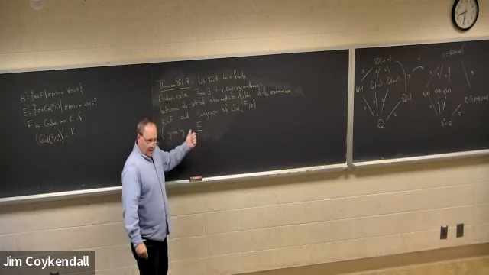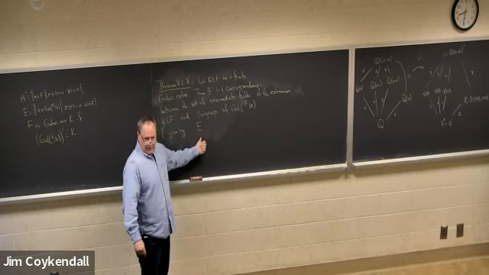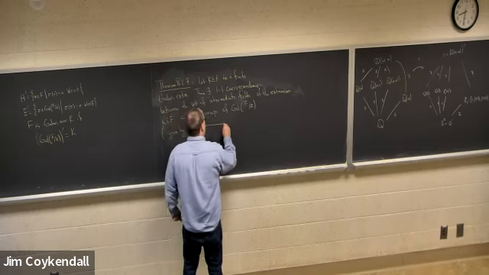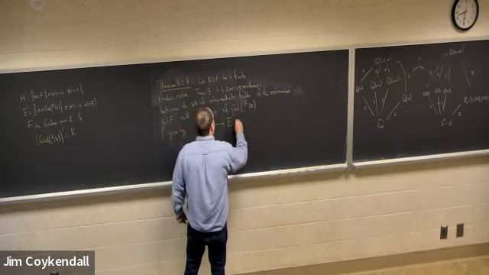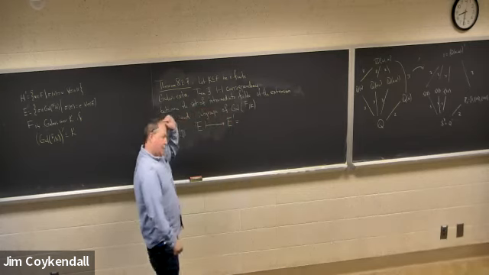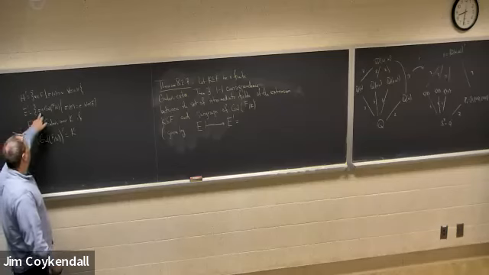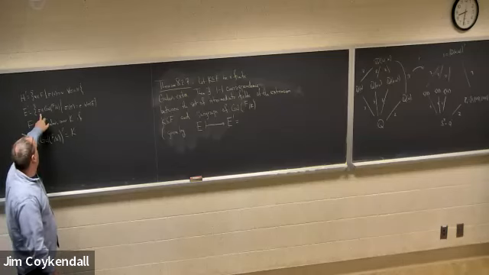So take an intermediate field, so E is somewhere between K and F, and it corresponds to E prime. Now I'm going to make an observation here. E prime is everything in the Galois group, every automorphism of F that fixes K, that also fixes E, right?